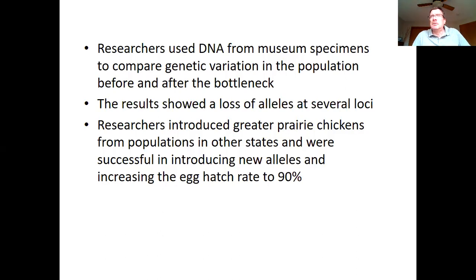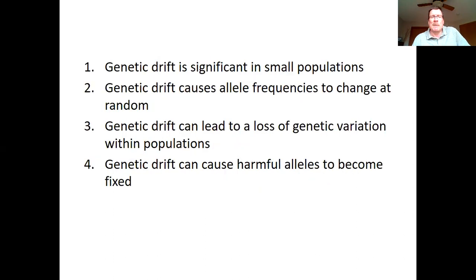No. I mean, it's still in Illinois, it's a prairie chicken, but it has alleles from other populations from different states, which will also have different alleles based on their environment. Prairie is prairie, but it does have its differences. But you can see how they brought the hatch rate up. And this is the kind of thing they're trying to do with, say, cheetahs.